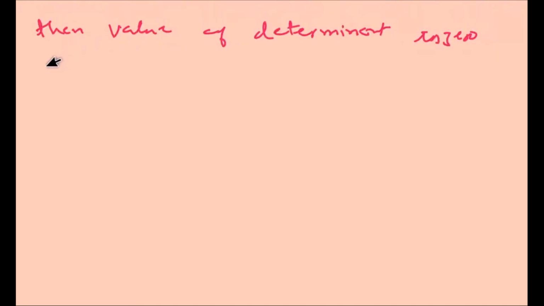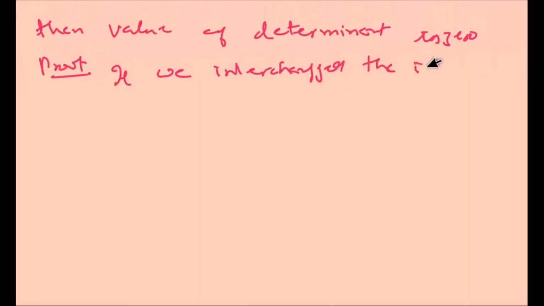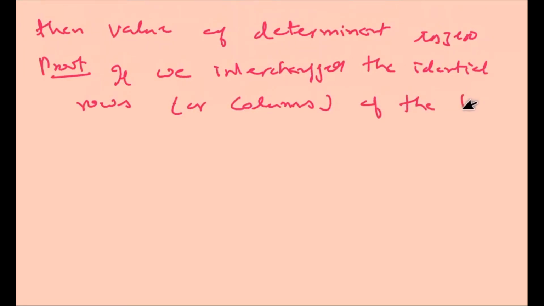Proof. If we interchange the identical rows or columns of the determinant delta, then delta does not change, but the sign will be changed.